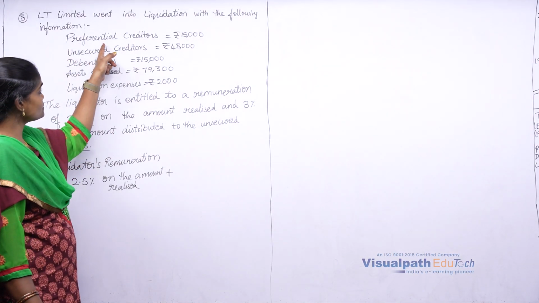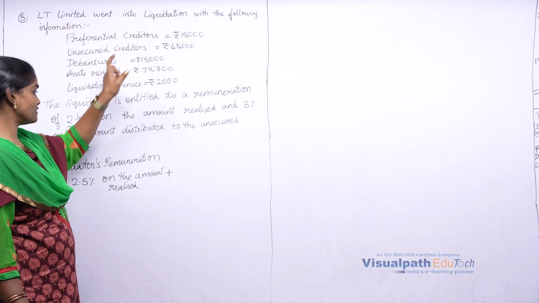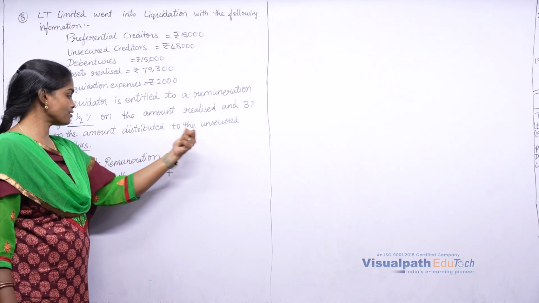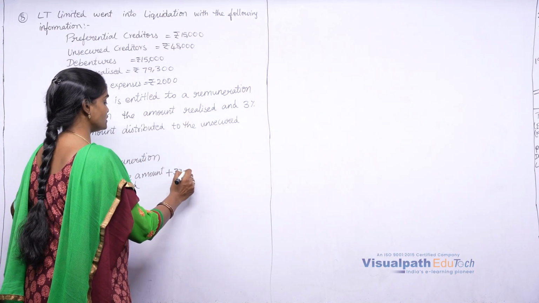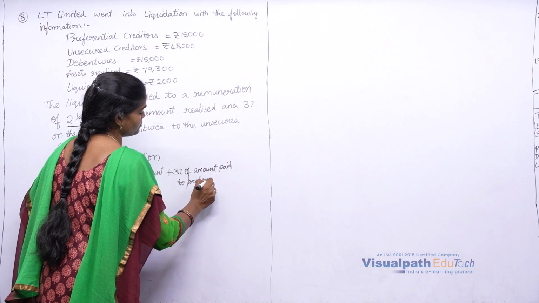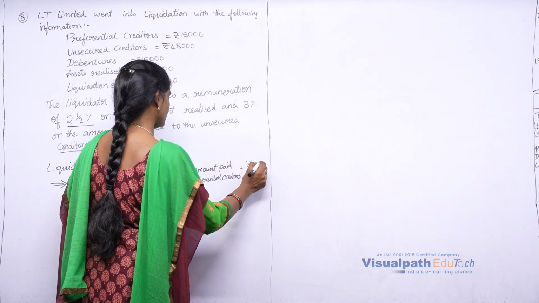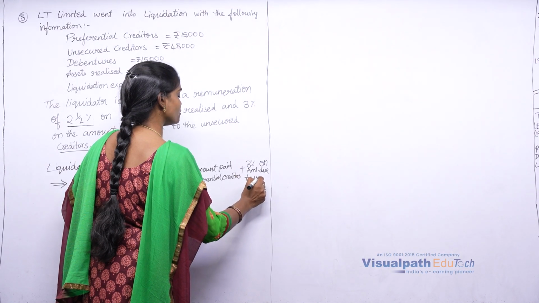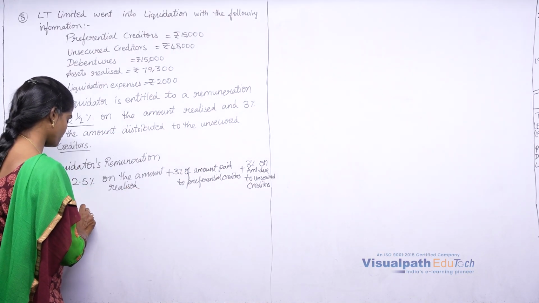Here, preferential creditors are also given. So 3% on preferential creditors and then 3% on unsecured creditors. The amount for unsecured creditors depends upon the amount available with us. So 3% on amount paid to preferential creditors plus 3% on the amount due to unsecured creditors.